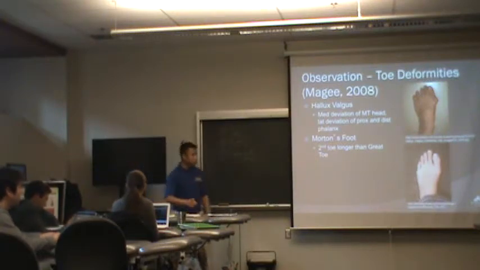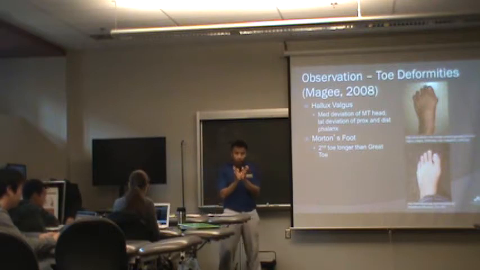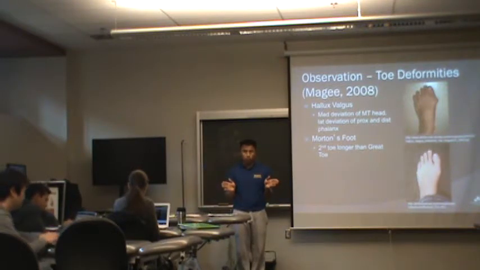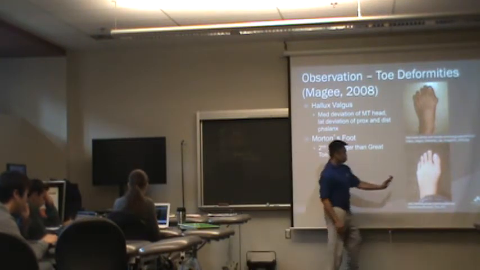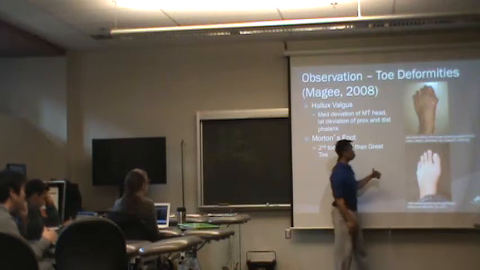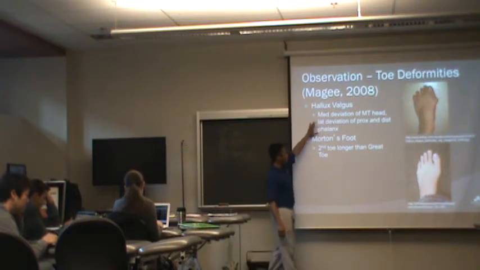Hallux valgus typically in the first MTP joint, so the great toe. It deviates laterally. So it's a valgus, no? Yeah, it's a valgus. Okay, so valgus is away from the midline. Medial deviation of the metatarsal head, lateral deviation of the proximal and distal phalanx.